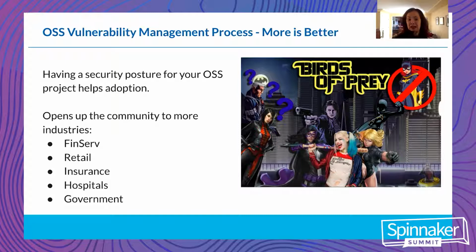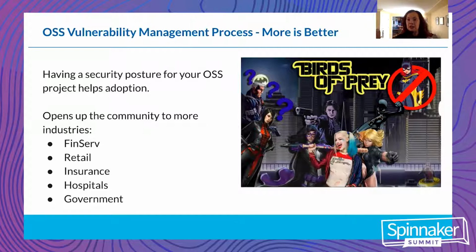So the best way to help with adoption is with that vulnerability management process. If you are doing that, you have all these industries that now have the ability to start participating, because it is a more secure project. That's right. And with that, they are more inclined to allow their employees to contribute their time and donate their employees' time to the project and the different features being built.